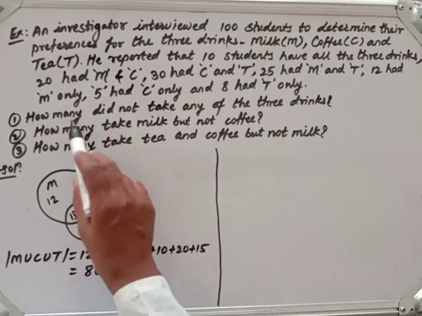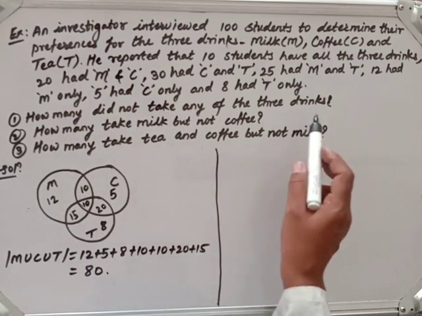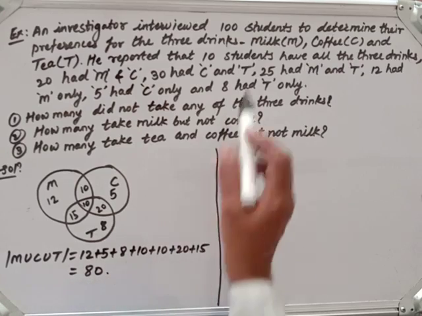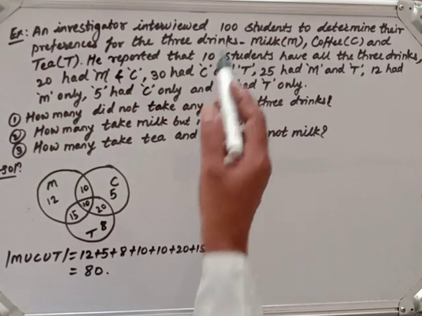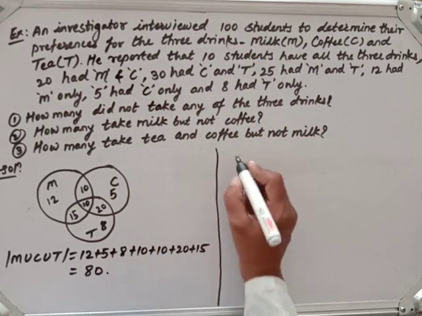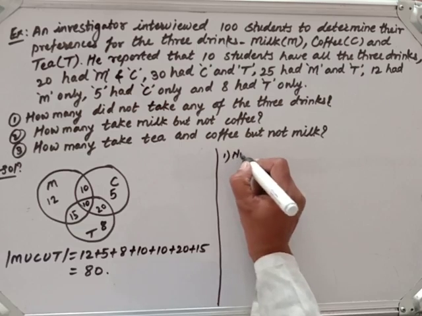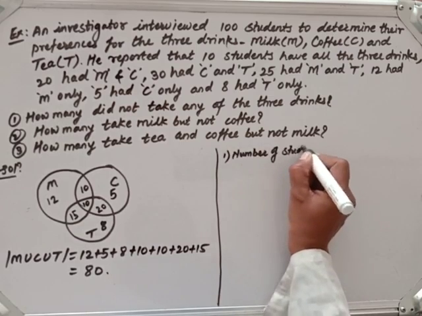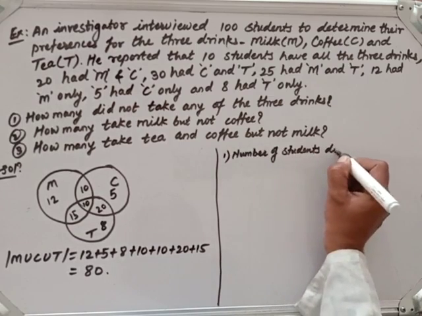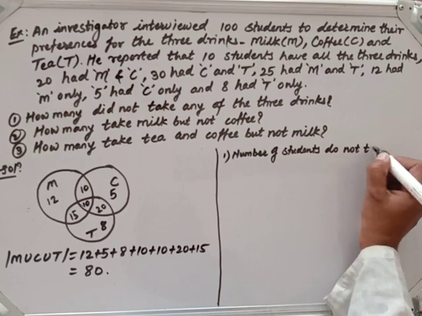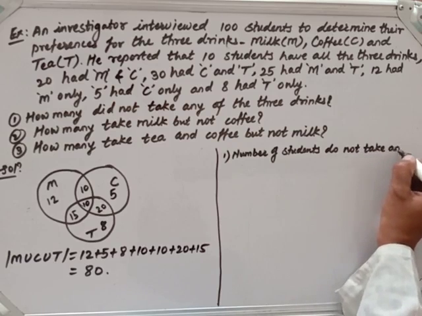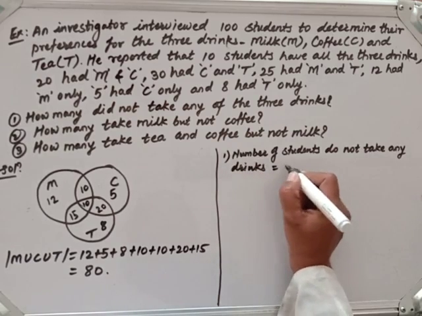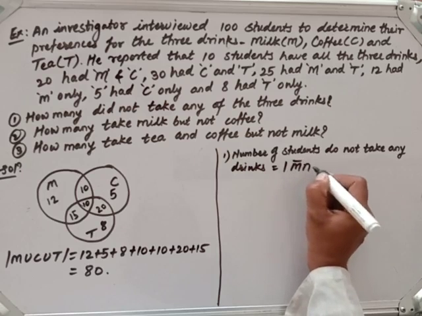Now first they ask, how many didn't take any of the 3 drinks? The drinks are taken by 80 students. Total number of students is 100. So the number of students who do not take any drink is the cardinality of the complement, as I said earlier.